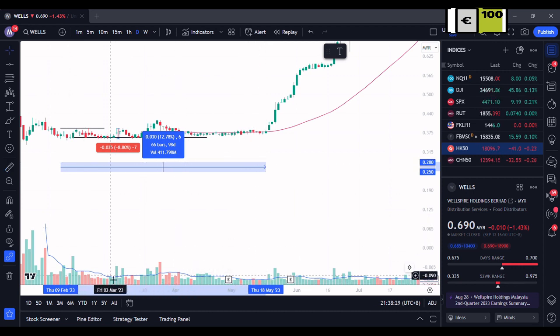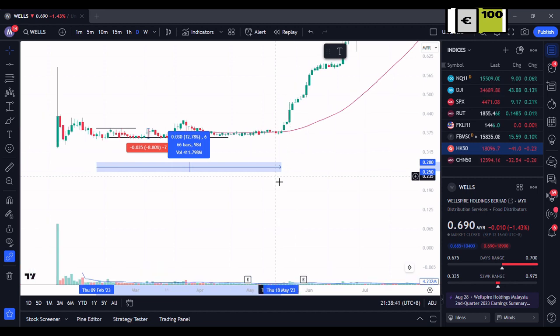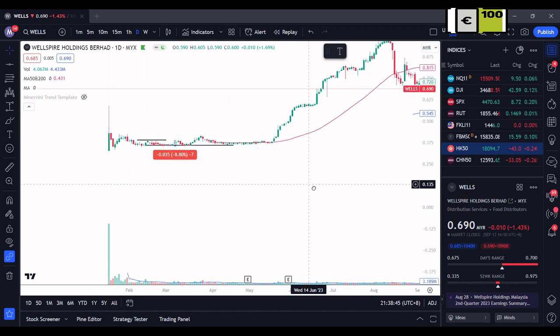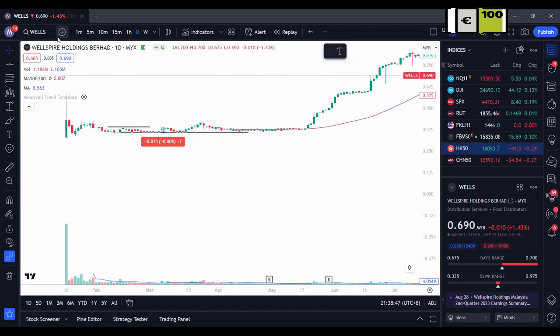Most of the days it's below the 10 days average of volume. Then when it breaks out, which is this candle and also this candle, the volume actually started coming in. So if you want to spot a very good movement stock, you have to find stocks which have long bases like these.